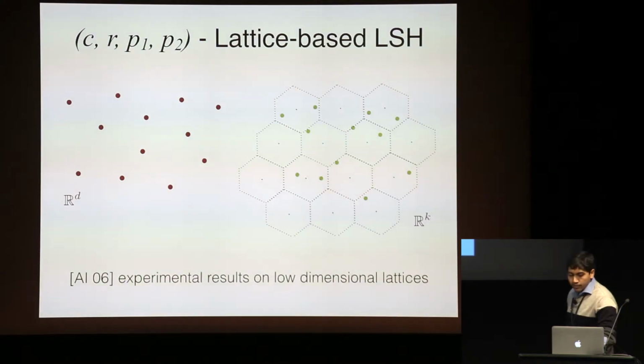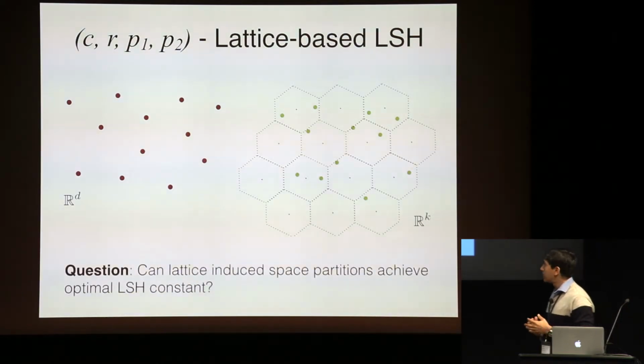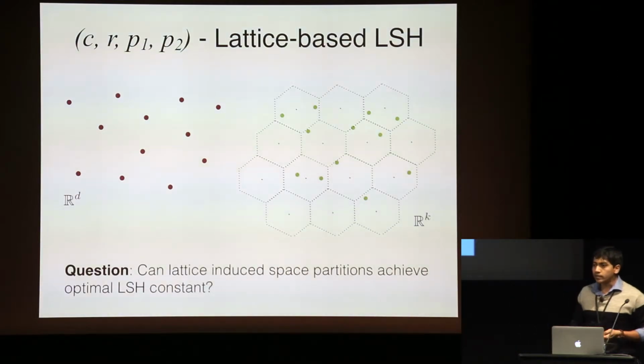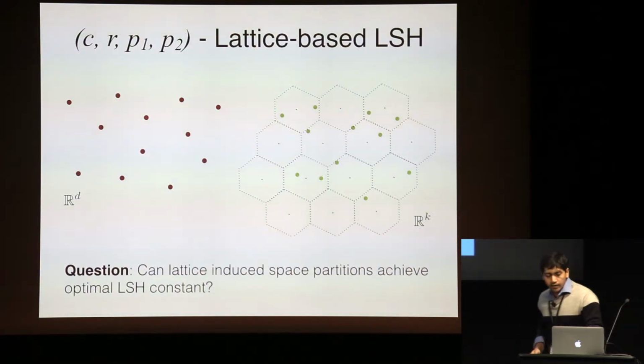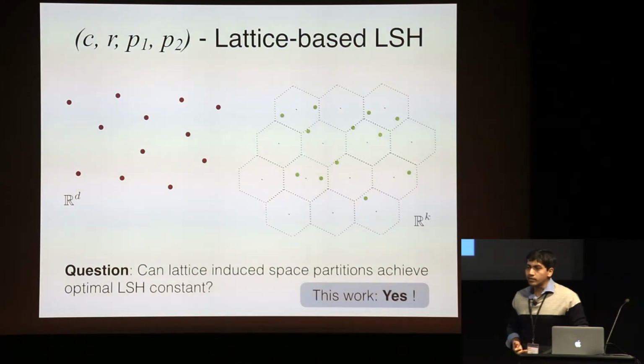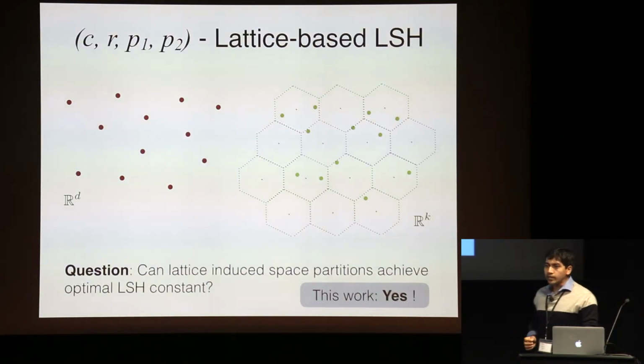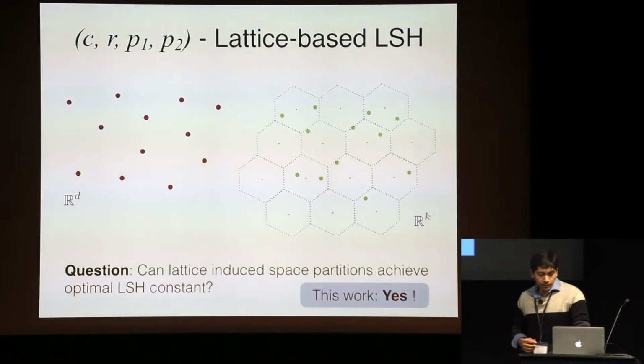But they had left open the question whether lattice-induced space partitions can actually give us the optimal LSH constant. In this work, we resolve this problem, saying yes, we do have lattices which achieve the optimal LSH constant.